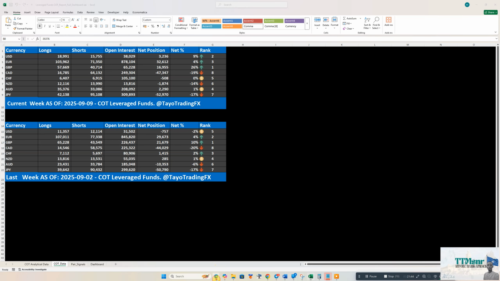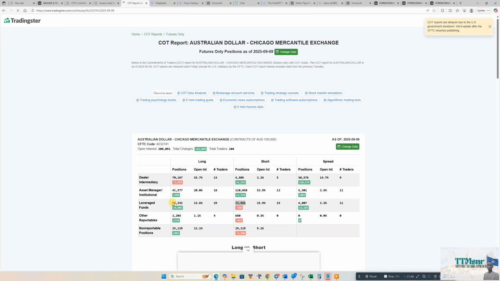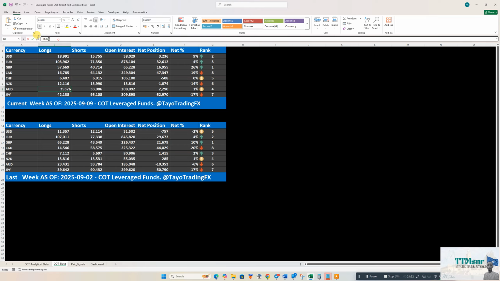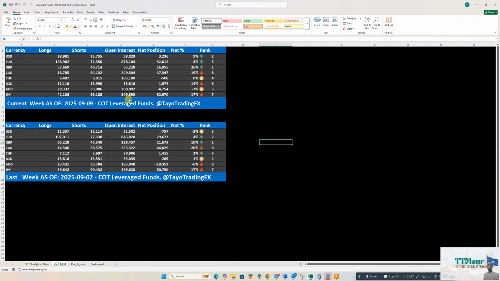And the long positions. Alright, this will be the last one.